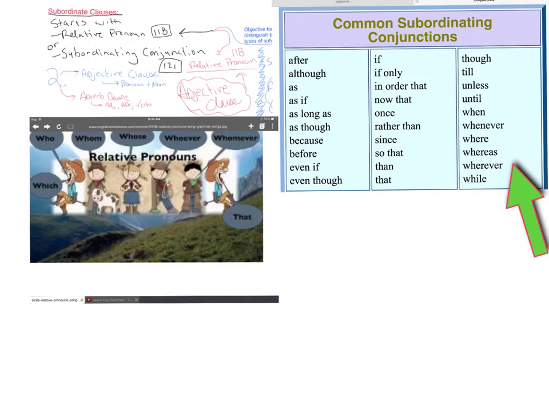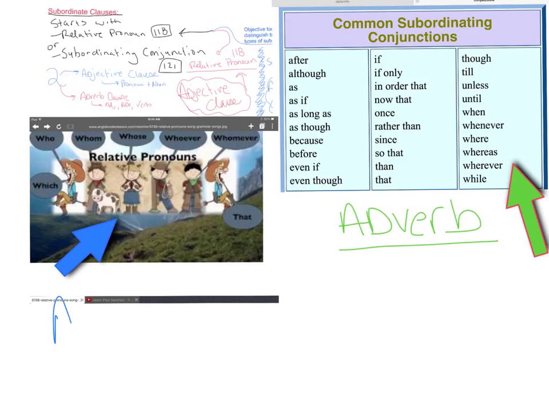So again, if it starts with a subordinating conjunction, this is our adverb side of the party. Now over here we have our relative pronouns, and the relative pronouns are our adjective side of the party. And again, both of them are clauses.